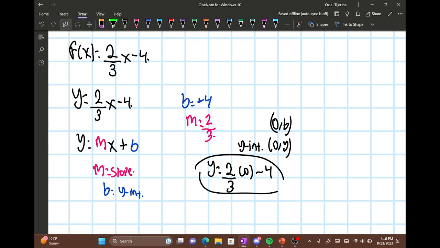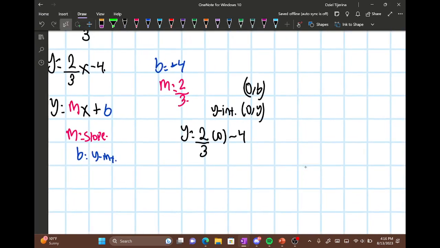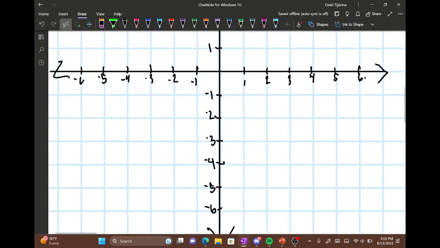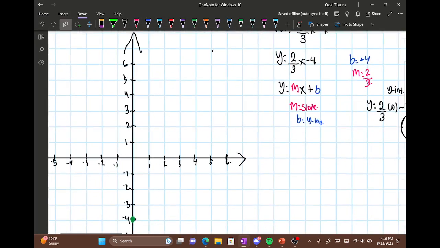We know b is -4, so our y-intercept is 0, -4. So we're going to plot it right here, and I'm going to use a green color for the line that we're going to do.